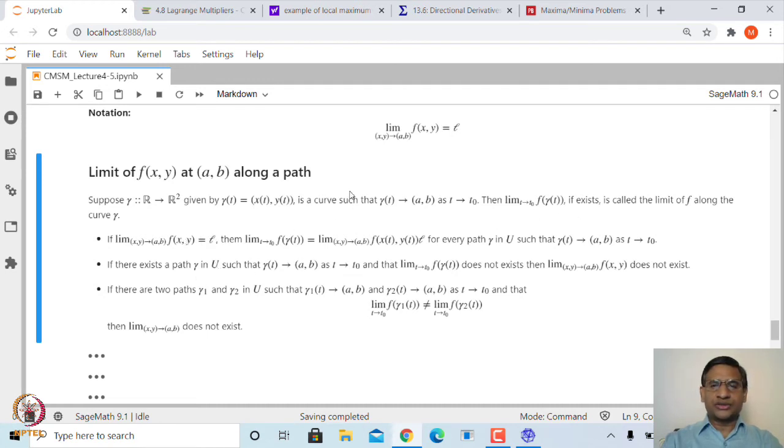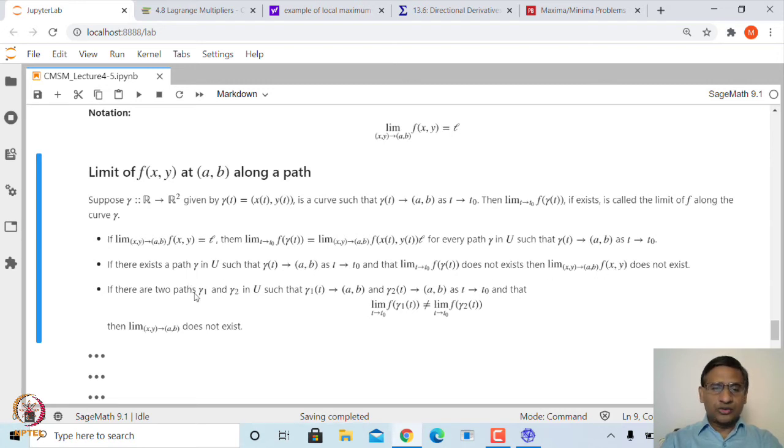And you can show that in case the limit of the function exists, then the limit along any curve will exist. But in case the limit does not exist, what does it mean? That means that you can find some curve gamma(t) in U such that gamma(t) goes to (a,b) as t goes to t naught, but the limit of f along the curve does not exist.